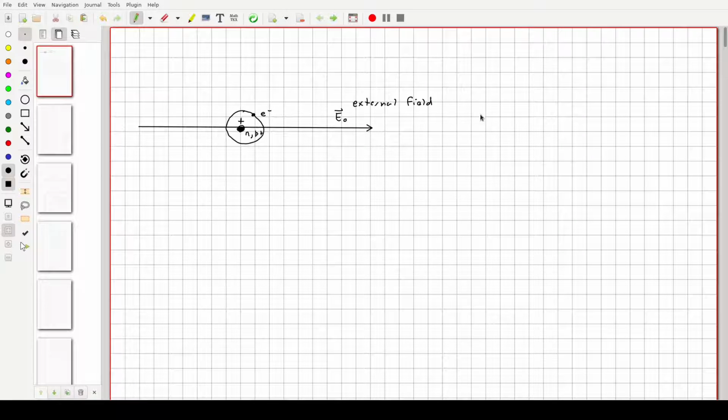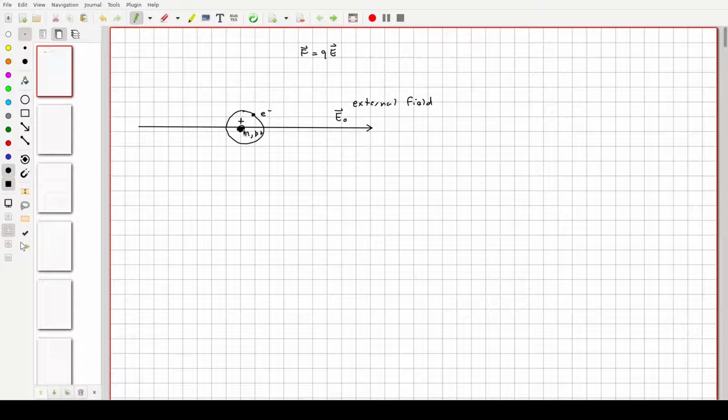It came from the outside. So we know, according to the relationship between force, charge, and the electric field, that positive charges are pushed in the same direction as the electric field. But negative charges are pushed against the field. They're pushed anti-parallel to it.